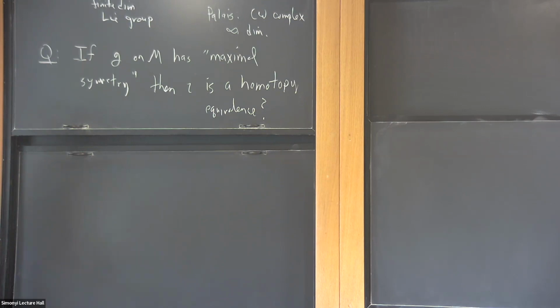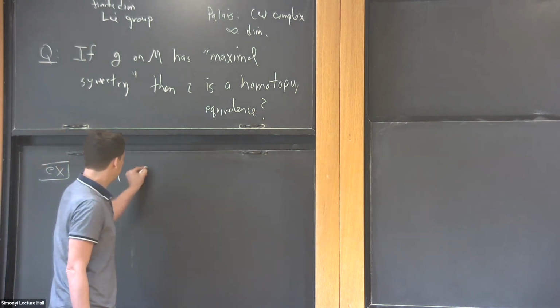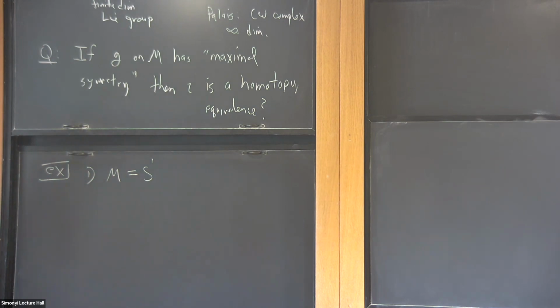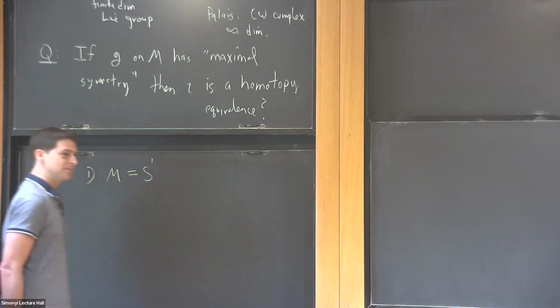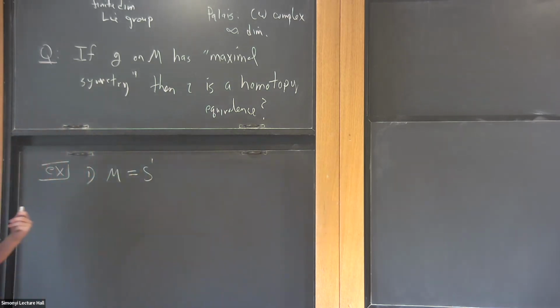Maybe let me just mention some examples. The first example is if I take M to be the circle. Sorry, what is a homotopy equivalence? Well, you have a map in and a map back, which is homotopic to the identity, and then backwards.